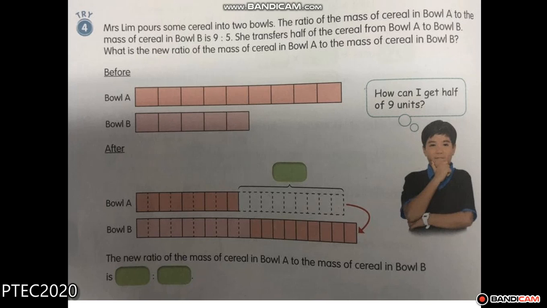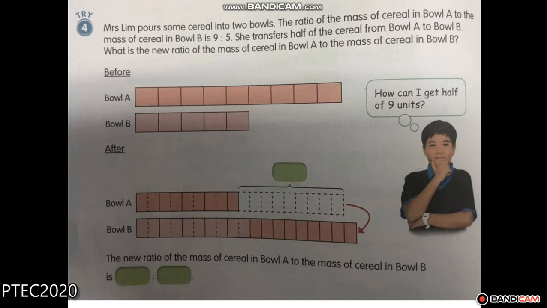Okay, so let's read all together in order to understand that problem. Mrs. Lim poured some cereal into two bowls. The ratio of the mass of cereal in bowl A to the mass of cereal in bowl B is 9 to 5.